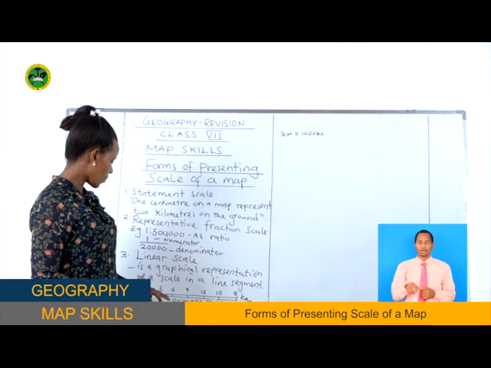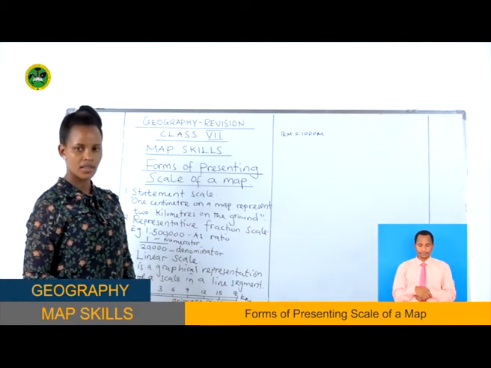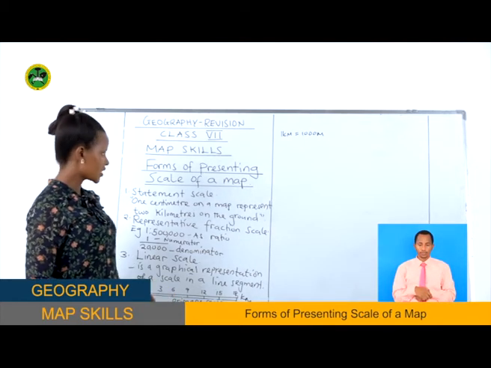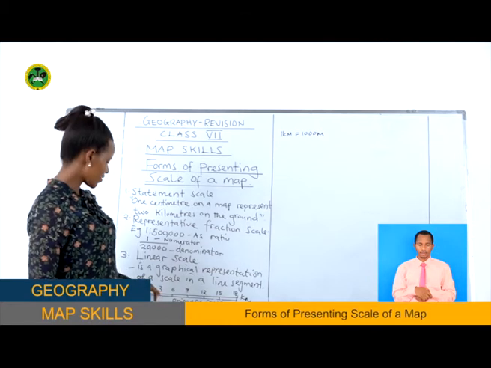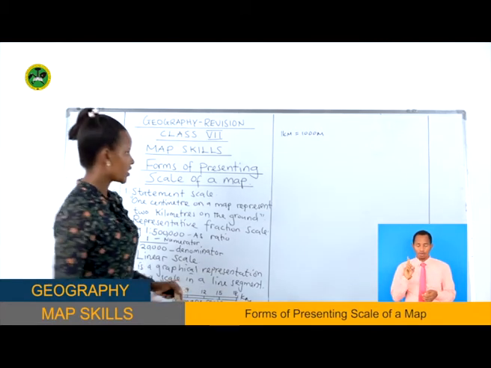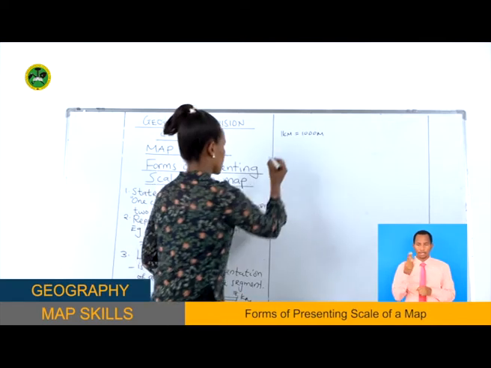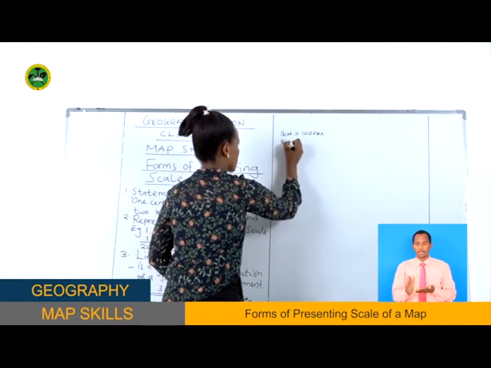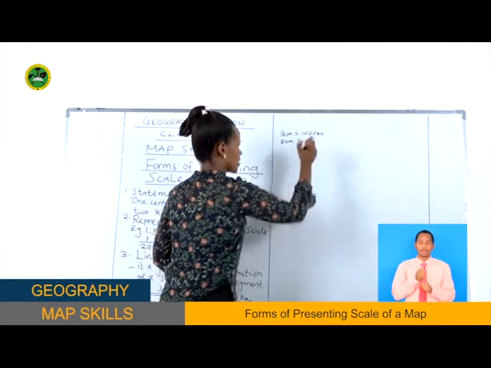how about 3 kilometers? The aim is to get the meters. So we have 3 kilometers put on the side of kilometers. Then 3 kilometers would be how many meters?